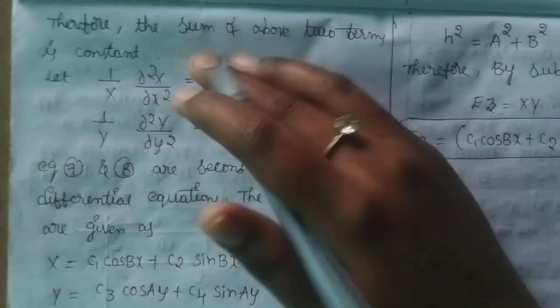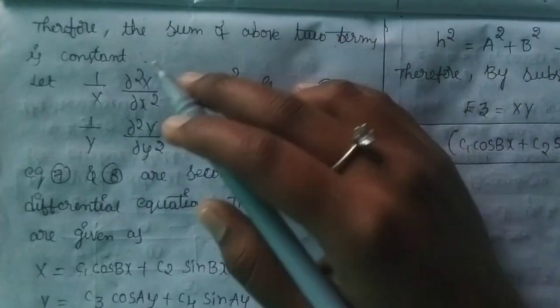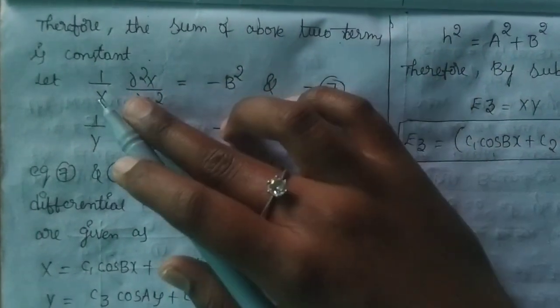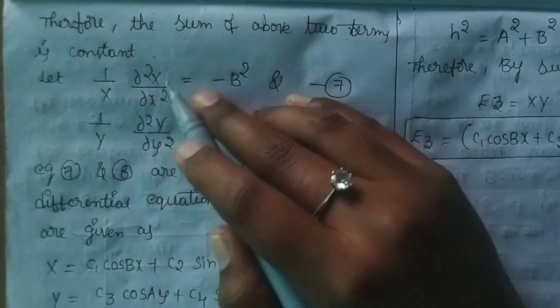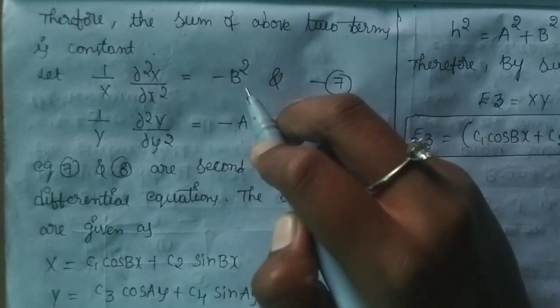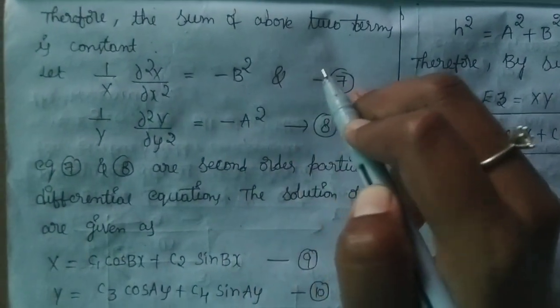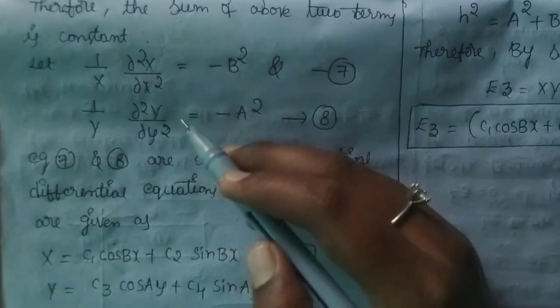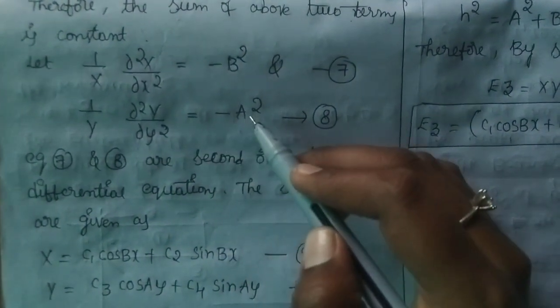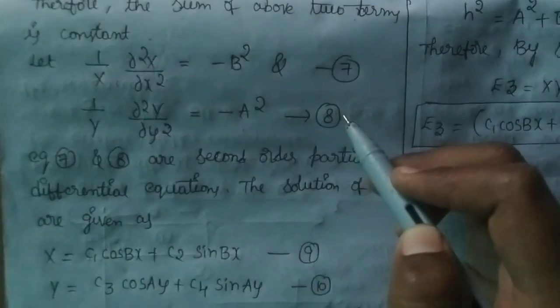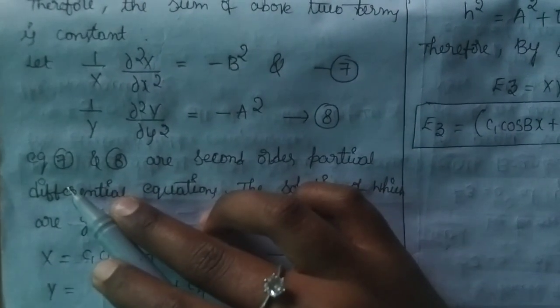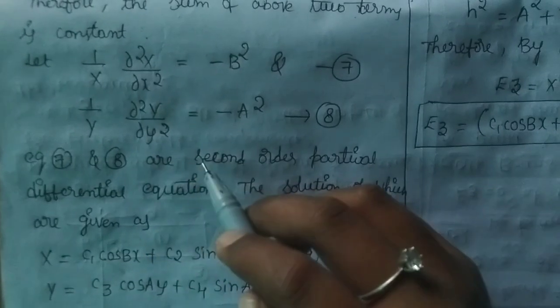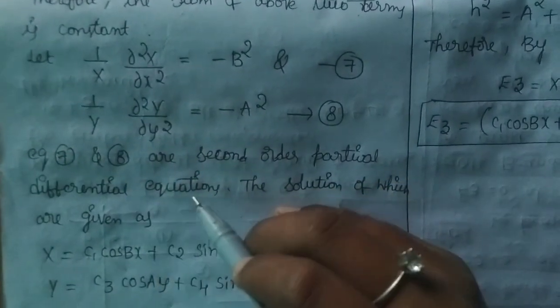Therefore the sum of the above two terms is constant. So let us consider 1 by X dou square X by dou x square is equal to minus b square. Consider this as seventh equation. And 1 by Y dou square Y by dou y square is equal to minus a square. Consider this as eighth equation. Equations 7 and 8 are second order partial differential equations.